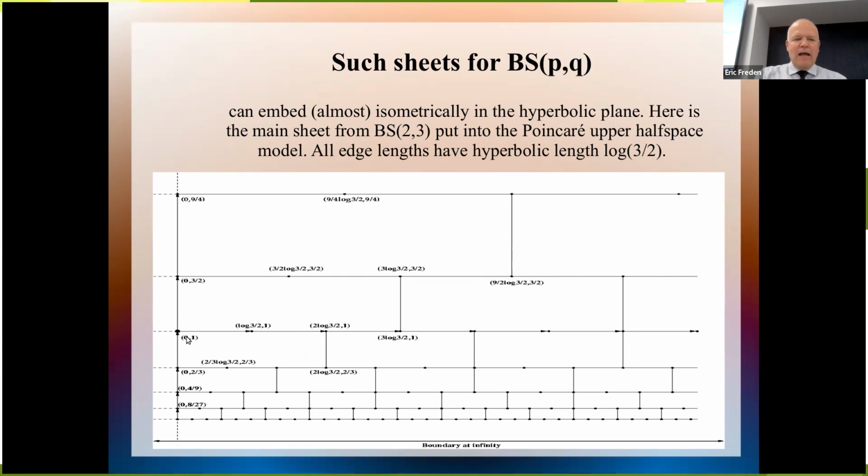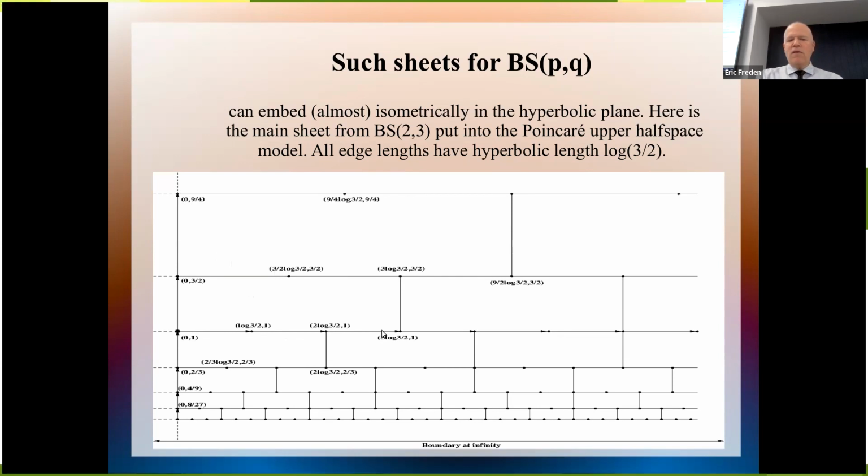So anyway, if you declare that the horizontal edges have length, in hyperbolic metric, log 3/2, sorry, just log 3/2, that is the arc length of each one of these edges, whether it's vertical or horizontal. You can go back to the slide and calculate the vertical distance here, right? Do the integral, subtract, you're going to get log 3/2. Here, these are all log 3/2.